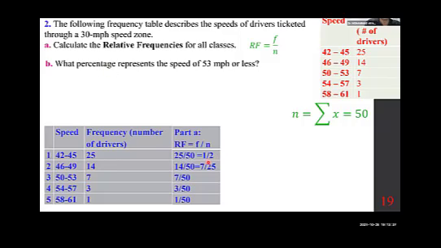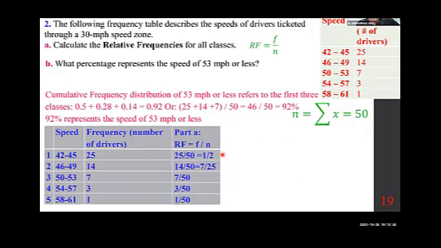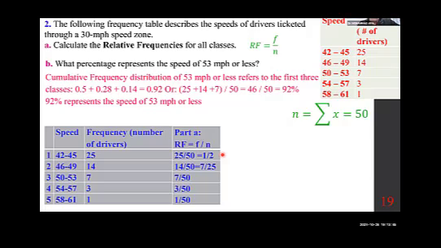Or you can add up these three numbers, the relative frequencies, and change it to a percentage. So we are looking at the first three. So add up those three numbers, or add up the frequencies divided by 50, change it to a percentage accordingly, and it gives you about 92%.